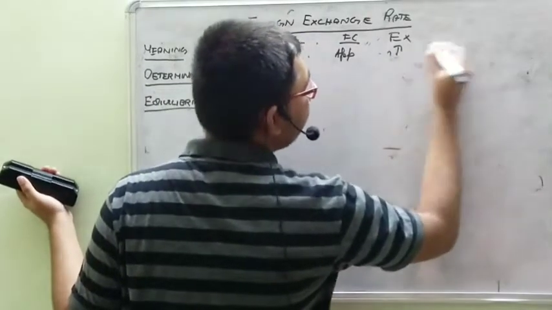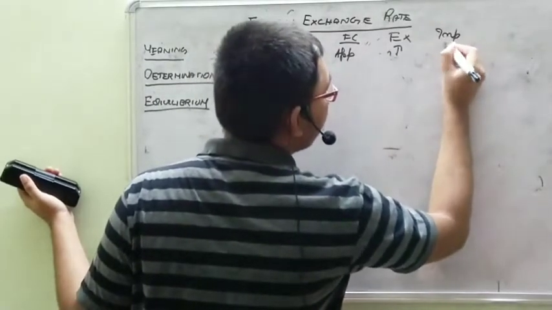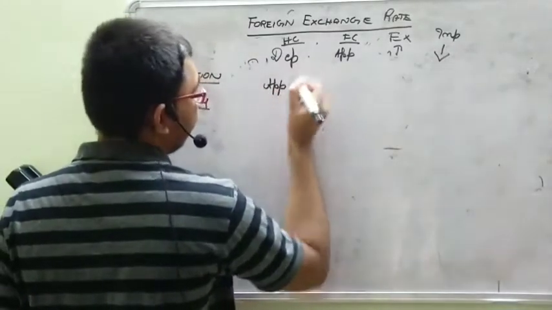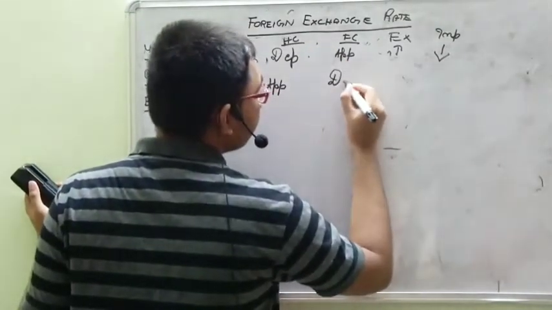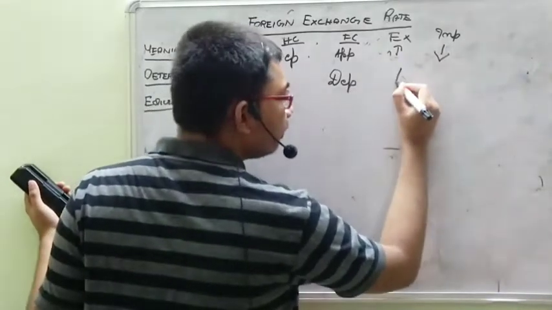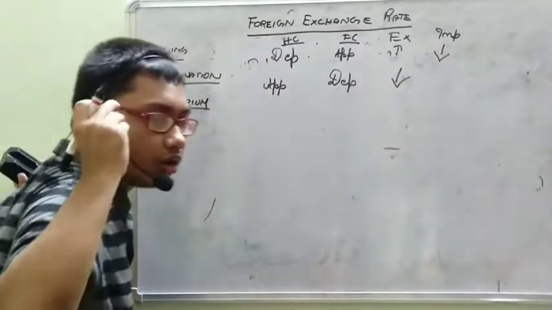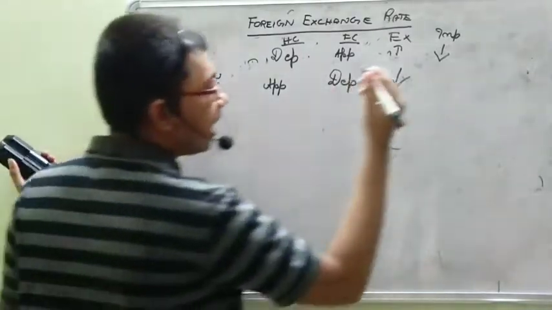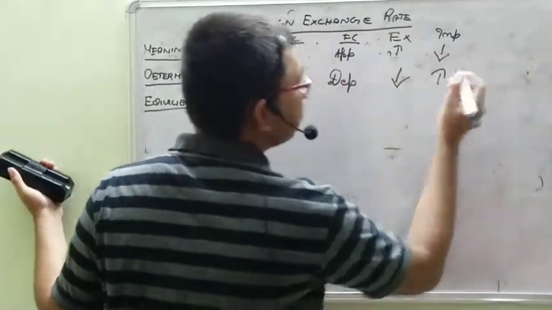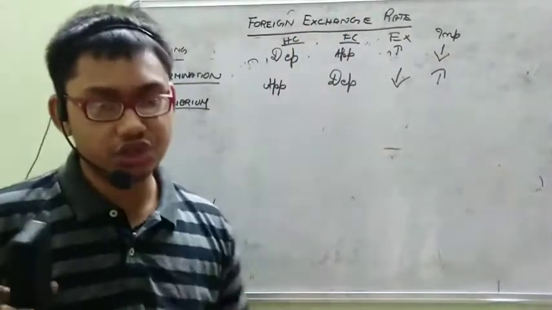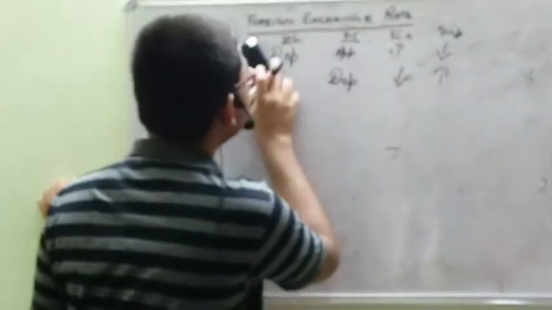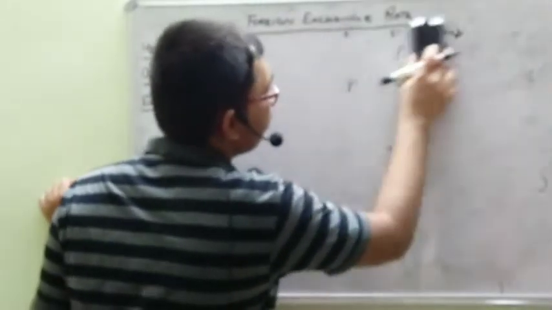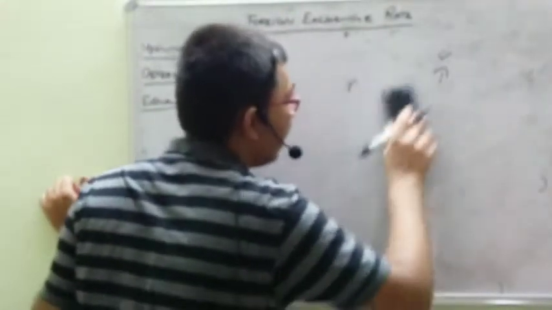Exports will increase, imports will fall. But if our currency is appreciating and foreign currency is depreciating, exports will fall because our goods have become costly for foreigners, and imports will increase because their goods have become cheap for us. So this is basically the thing with depreciation, appreciation, devaluation and revaluation.